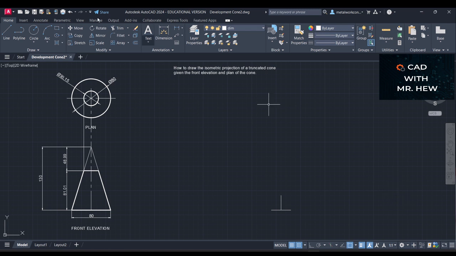Now we're going to draw a line starting at this location, and the length of the line will be 120 and the angle will be 30 degrees. Good.